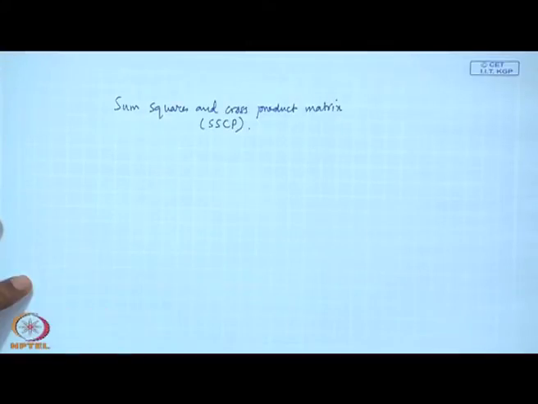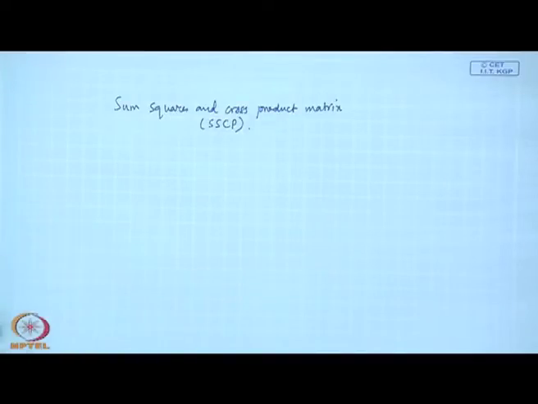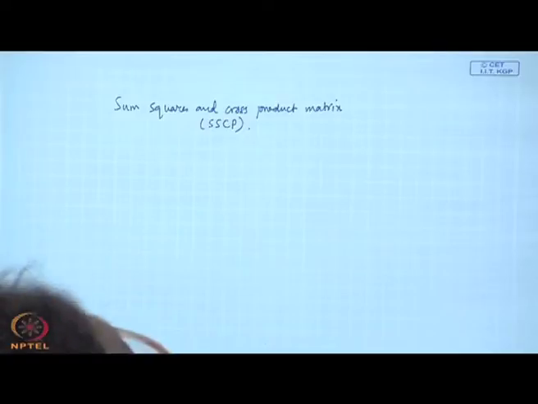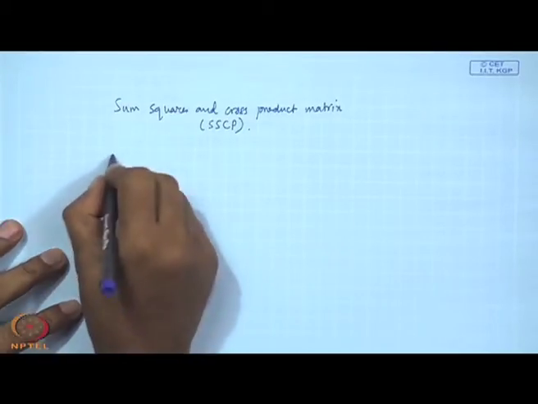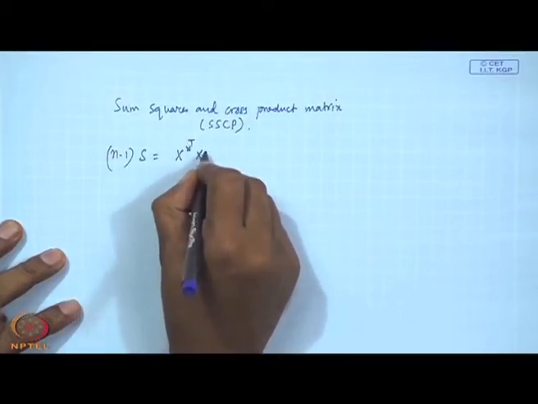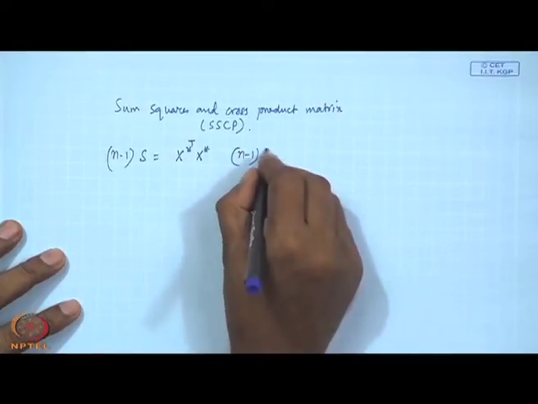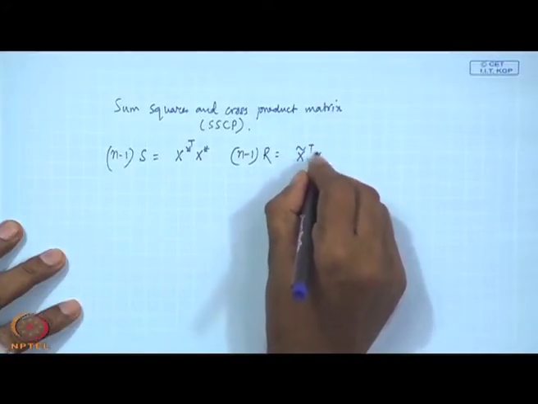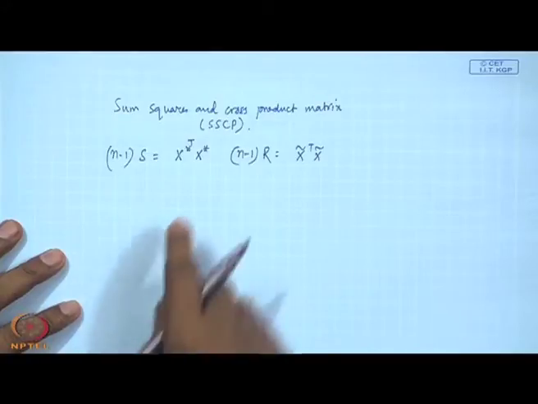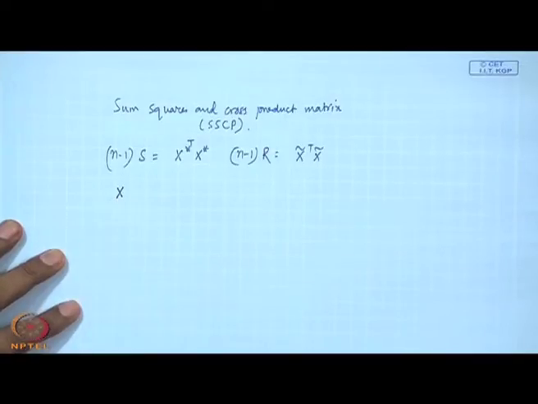So, when you calculate the covariance matrix and correlation matrix, we have used the formula n minus 1 times S equal to x star transpose x star. We have used n minus 1 times R equal to x tilde transpose x tilde, where both x star and x tilde are basically transformed matrices from the original data, which is x.